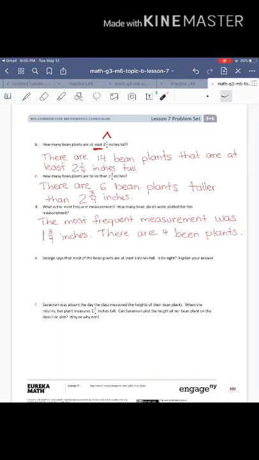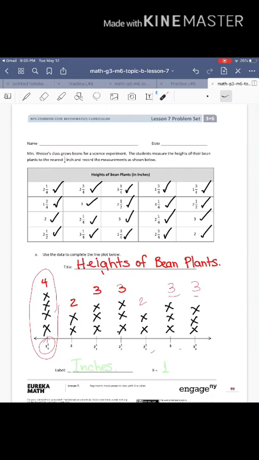George says that most of the bean plants are at least 3 inches tall. At least means 3 and up. Is he right? Explain your answer. Let's see if he's right. So at least 3 inches tall. Okay, I'm looking for the at least. And it should be at least is the 3 and up. So we have in between these two, we have only 6.